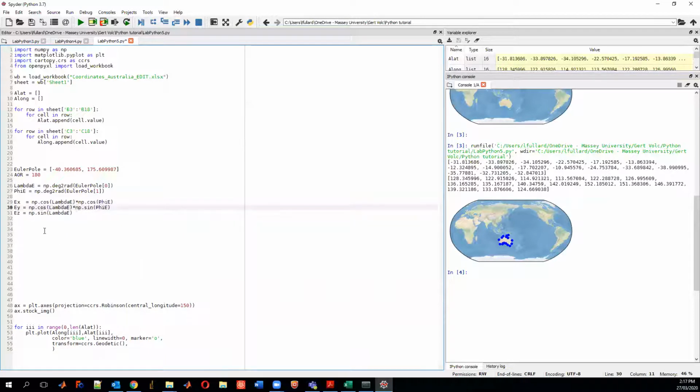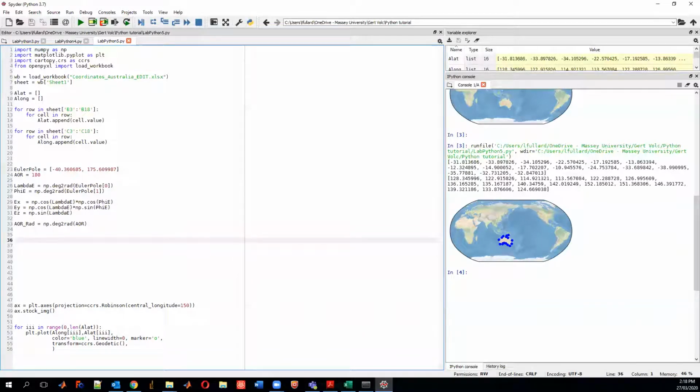So we'll fix that. We also want the angle of rotation in radians as well, so the angle of rotation in radians is numpy dot degrees to radians of AOR. So now we have the Cartesian coordinates of our Euler pole, and we have the angle we want to rotate through.